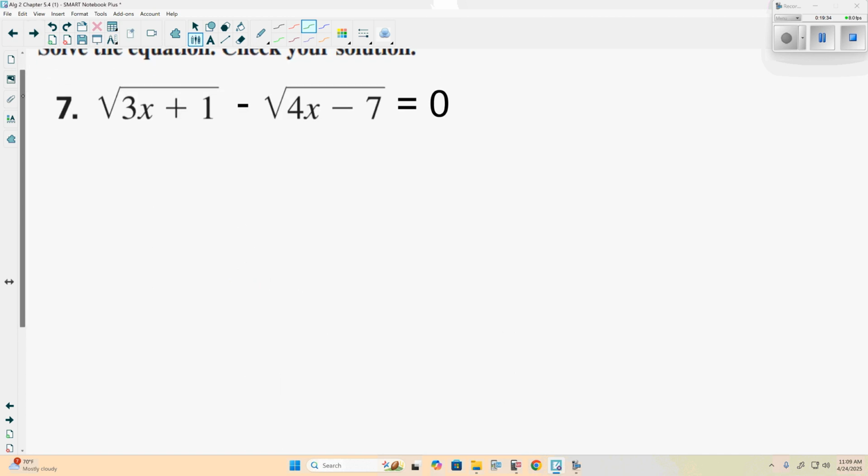All right. Square root of 3x plus 1 minus the square root of 4x minus 7 equals 0. Is there more than one radical? Even them out. So if we add the square root of 4x minus 7 to our negative square root of 4x minus 7, what would that give us?